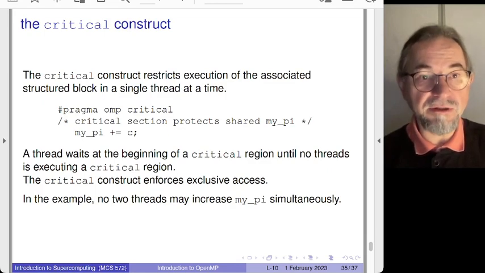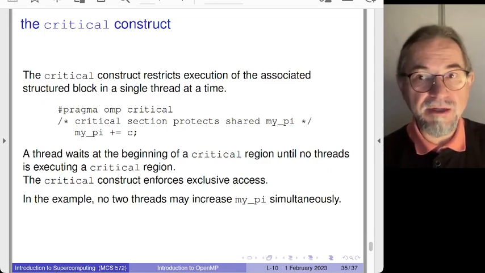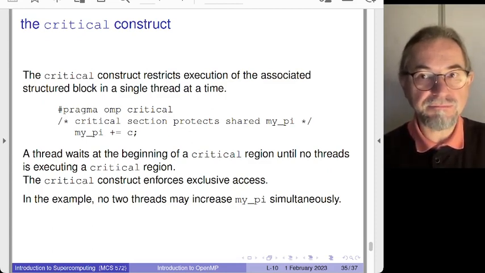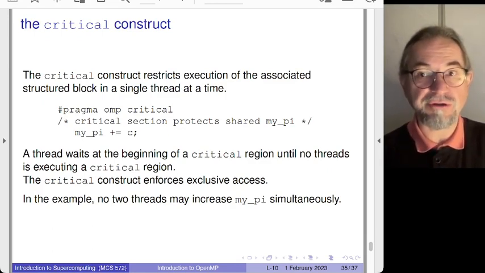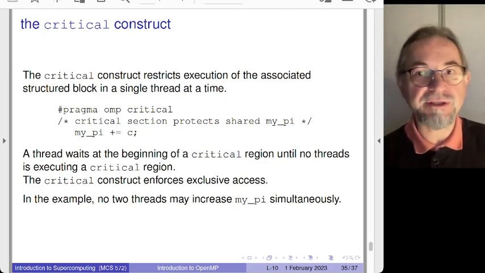Then there is the other construct, that's the critical. That indicates that there is another important region happening within the parallel region. Here the critical should actually be a single instruction. You would destroy all parallelism if you put an entire block of instructions there.